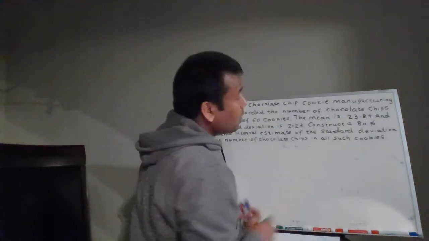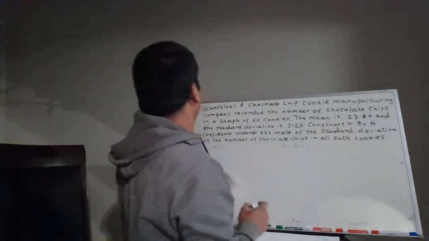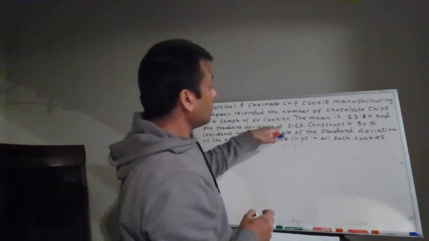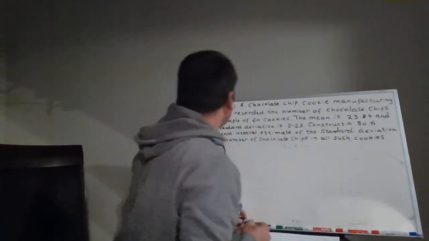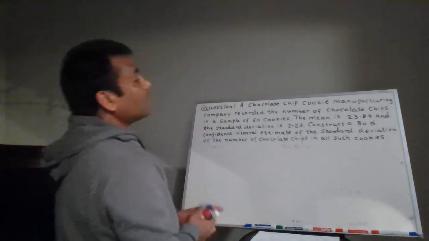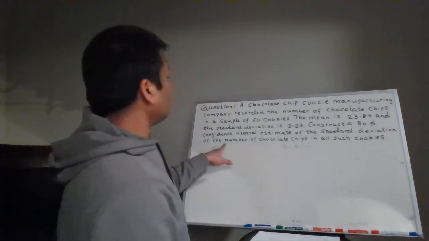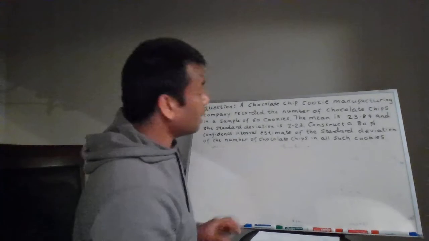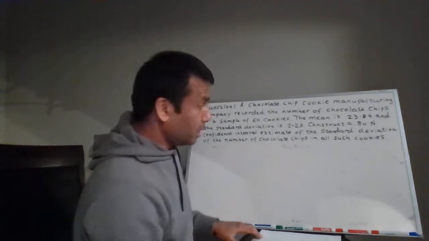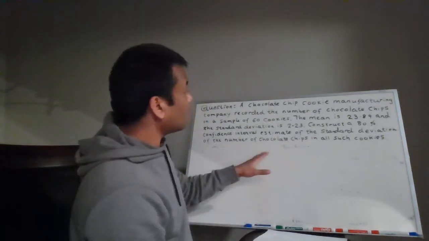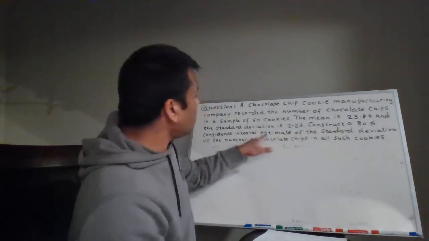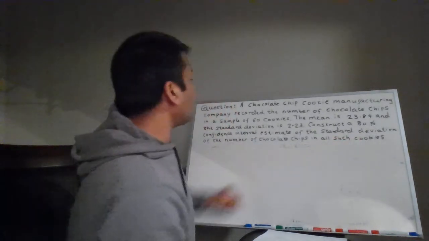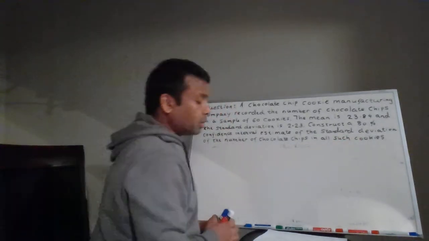The mean is 23.84 and the standard deviation is 2.23. Construct an 80% confidence interval estimate of the standard deviation of the number of chocolate chips in all such cookies.